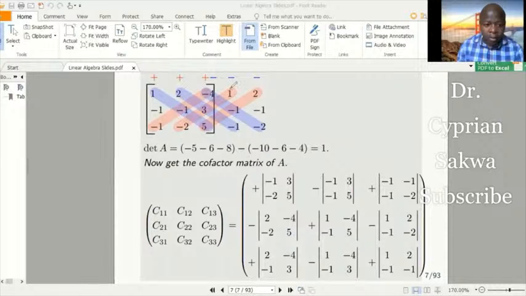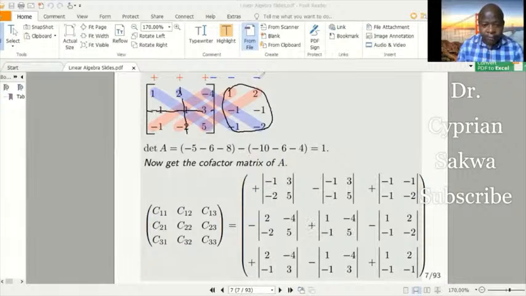Remember that the sign is not part of the matrix. We delete the row of that element and then the column of that element. We're left with 1, negative 4, negative 1, 5. And the sign is positive.